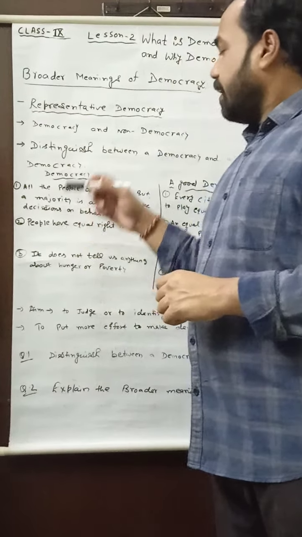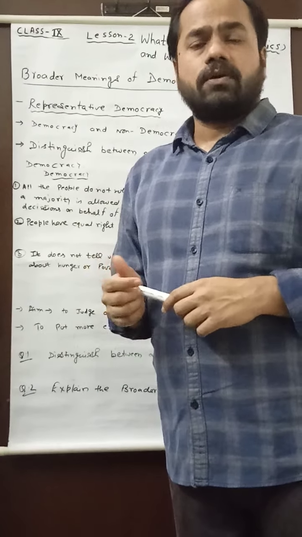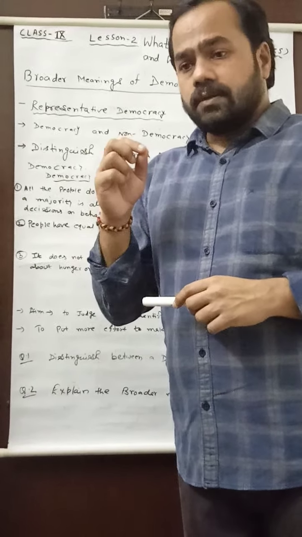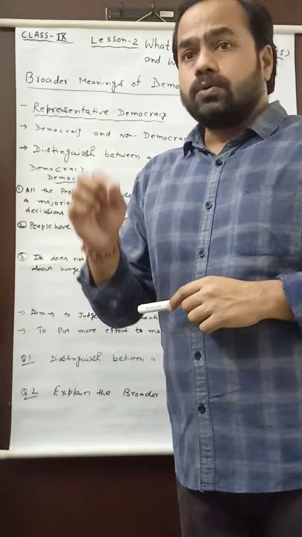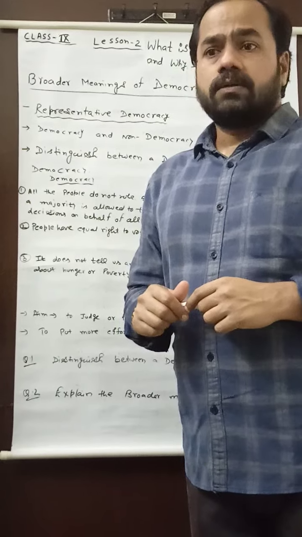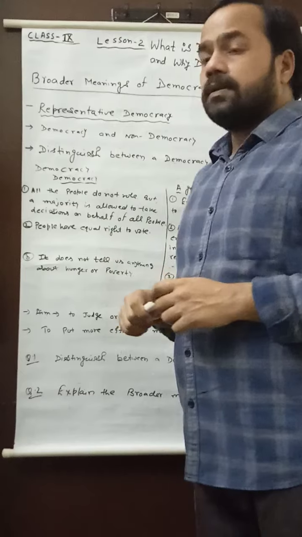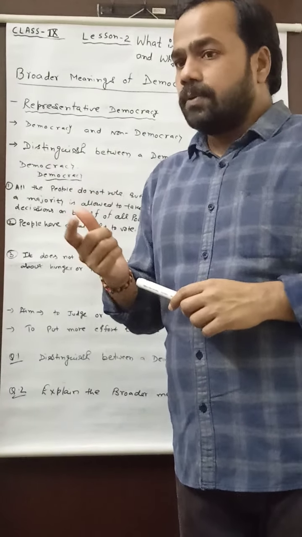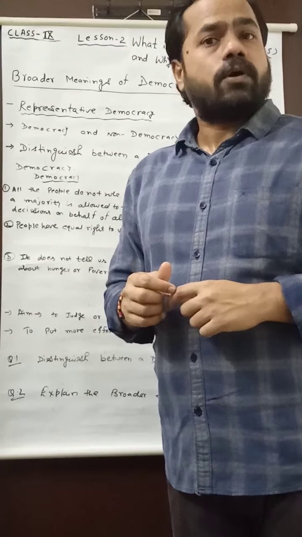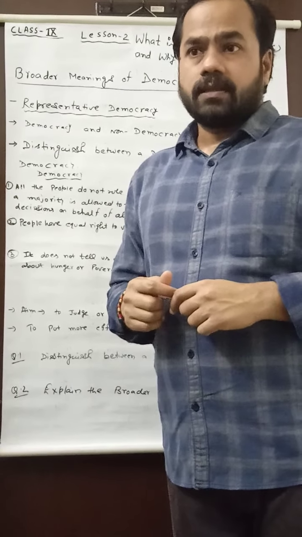Here I have written on this whiteboard representative democracy. What is the meaning of that? Representative democracy means the leaders, those who are elected by the people, will take the decisions on behalf of the people. They will represent the people, and that is why such type of democracy is observed as a representative democracy.